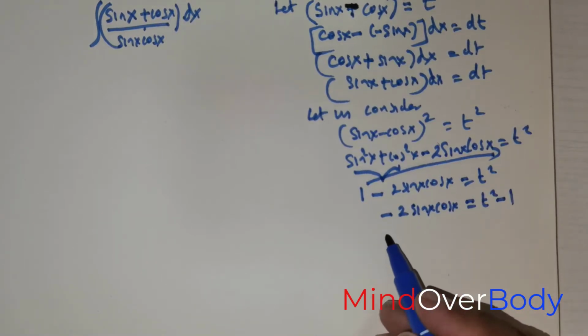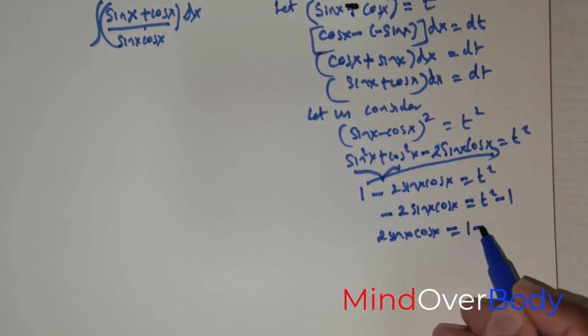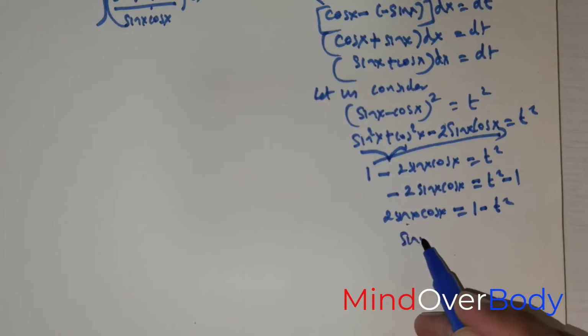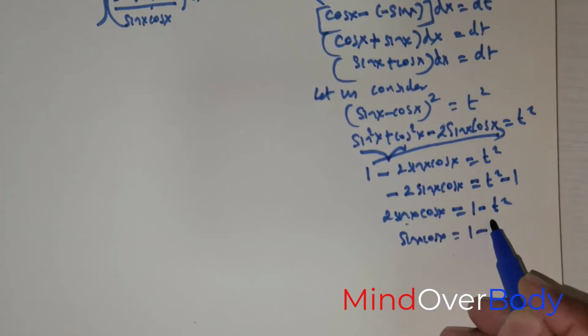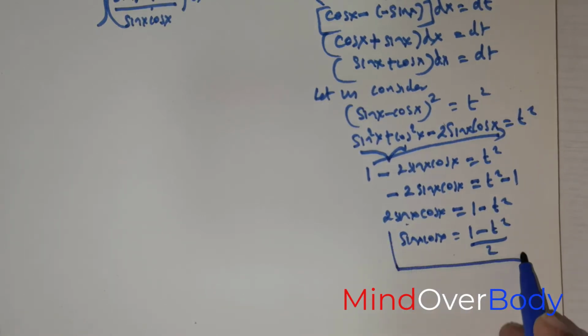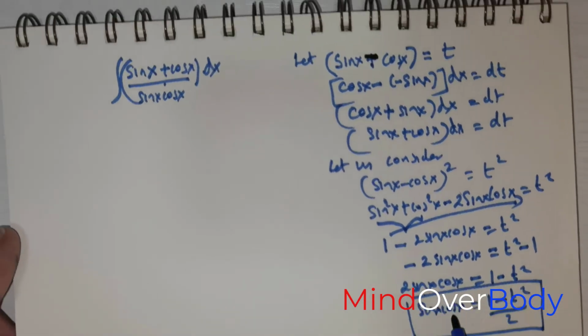I want to get rid of this negative sign, so it's going to be 2 times sin x cos x is equal to 1 − t squared. I want to bring this 2 down, so that's going to be sin x cos x is equal to (1 − t squared) over 2. So in place of sin x cos x, I've got (1 − t squared) divided by 2. So I would substitute that.